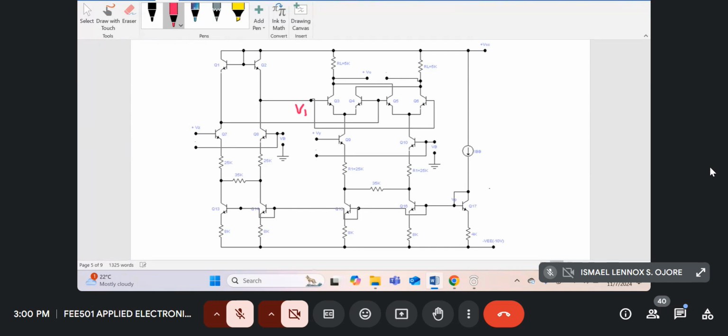So V0, I'll call it V01. Let me just put it simply this way: the circuit that comprises Q7, Q8, Q1, Q2, I said it's called a preconditioning circuit.